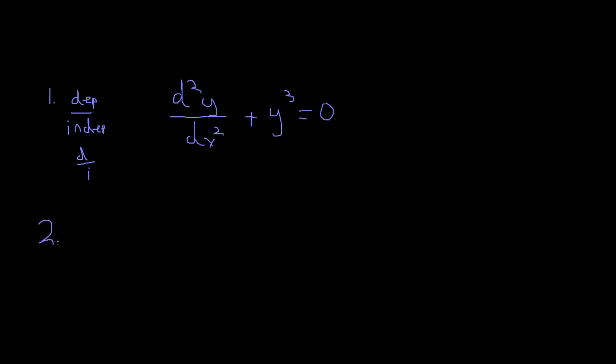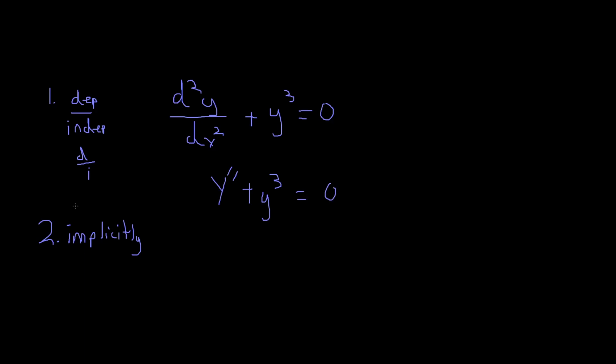The second thing I would suggest is to rewrite it implicitly. So rewrite the function implicitly. That just means we would change this into y double prime plus y cubed. Why would we do that? Because this is now implicit. It's easier to tell what our problem's asking us.